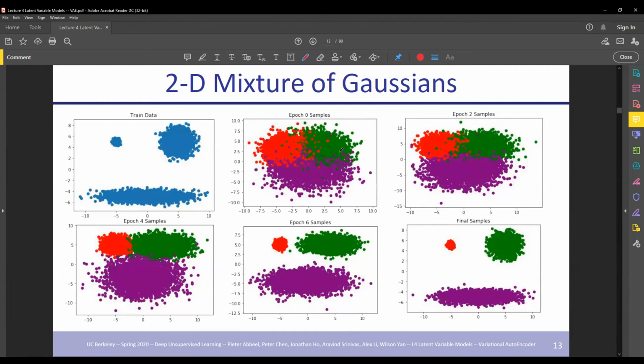We begin to train, and you can see that eventually we fit the data pretty nicely.